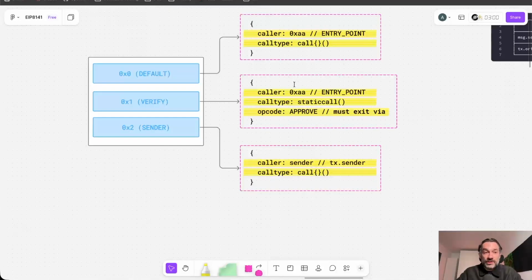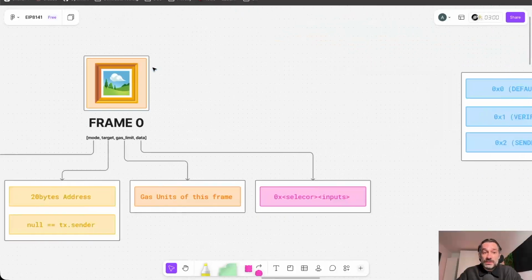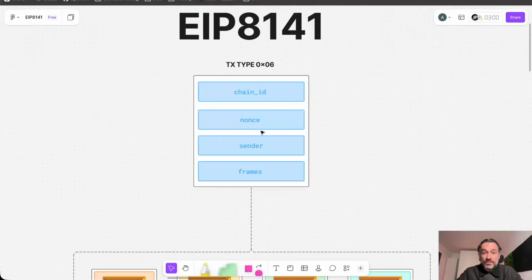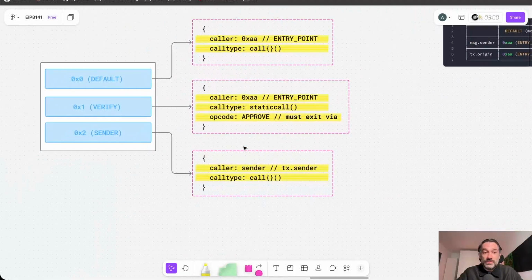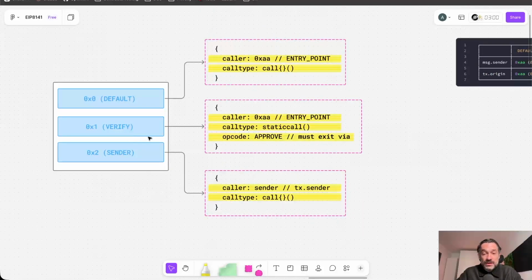And the last mode is mode 2. The name of the mode is sender. The caller is the tx sender itself, which we can see inside the transaction that we are passing here. Also, we will talk about the difference between the caller and the sender in the context of message sender and tx.origin.